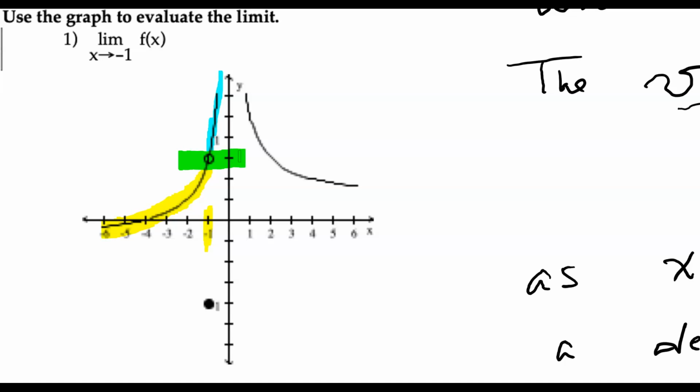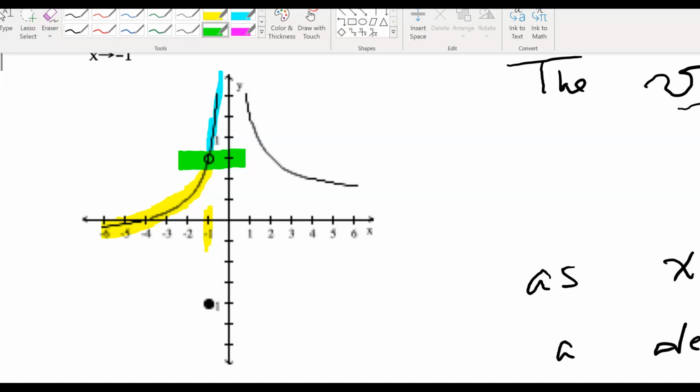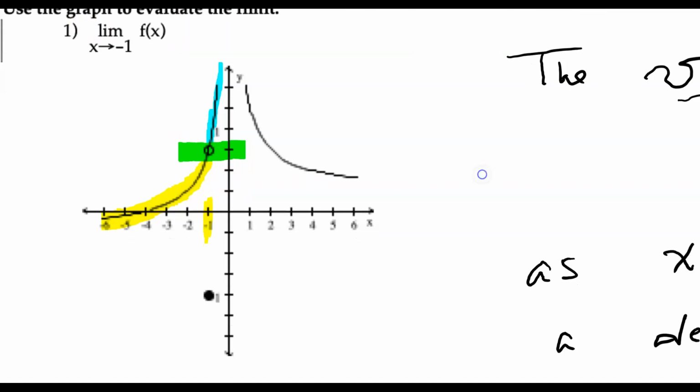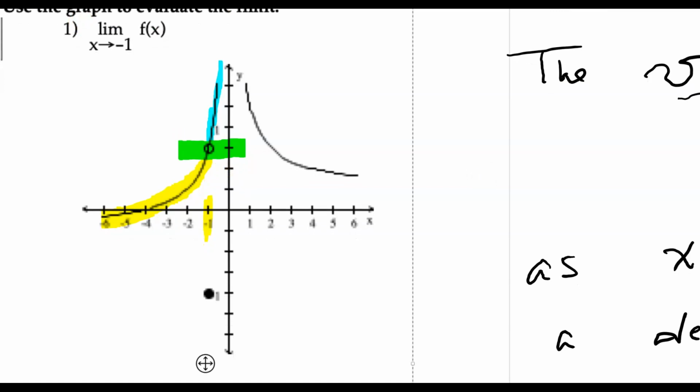Well, right in here. That's the y value I'm approaching. Now you see that it's got an open circle, so you might be saying, well, maybe there is no limit because it's got a hole in the graph, but actually that's not true. What ends up happening in this case is that as you get close to -1 on x, the y value is getting closer and closer to 3 out of 4, 3/4.